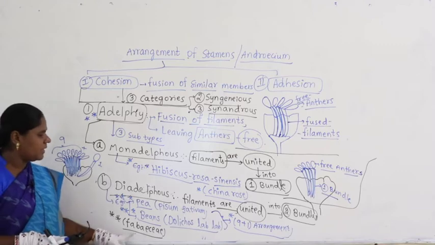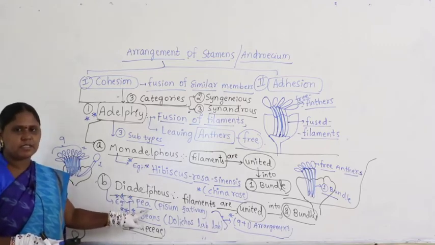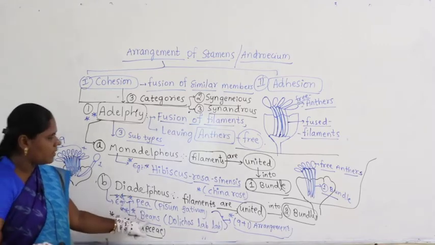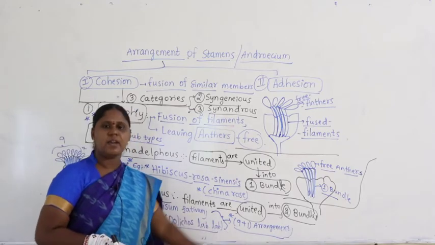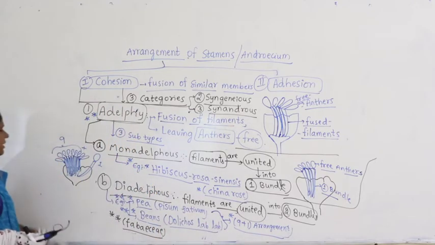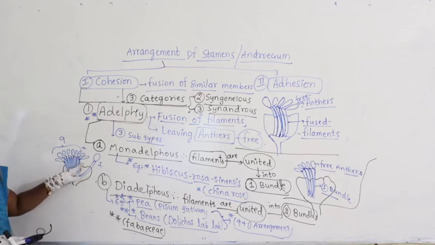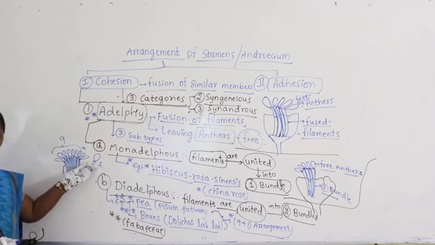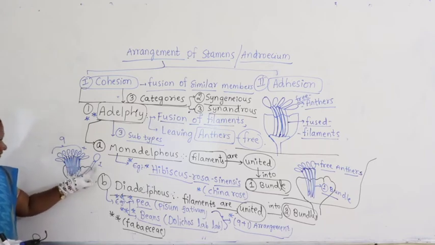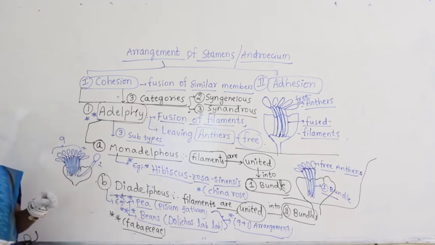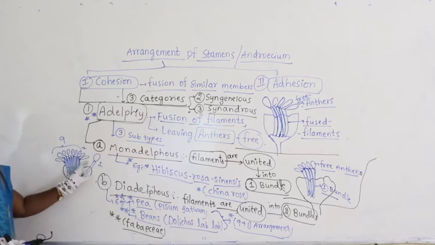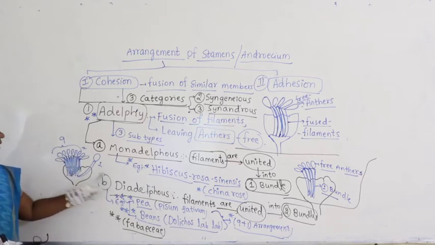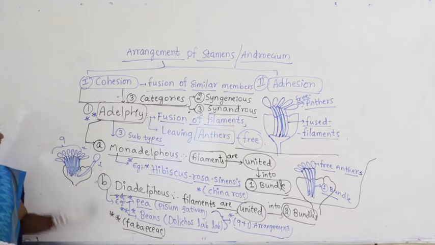In pea plant and beans plant, the arrangement of stamens is 9+1. 9+1 means 9 filaments are joined, and you find one stamen separate. So, this is called one bundle and this is called another bundle. Of course, the other bundle has only one stamen, but still it is called one bundle. So, the arrangement is 2 bundles, and the condition is called Diadelphous.